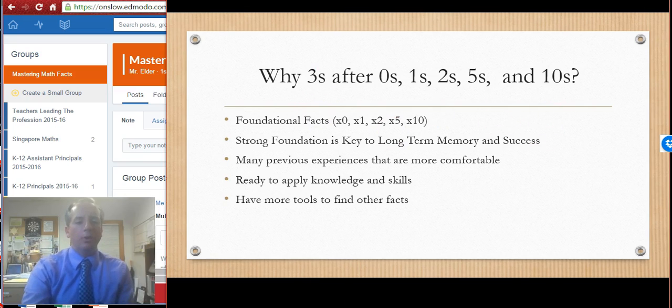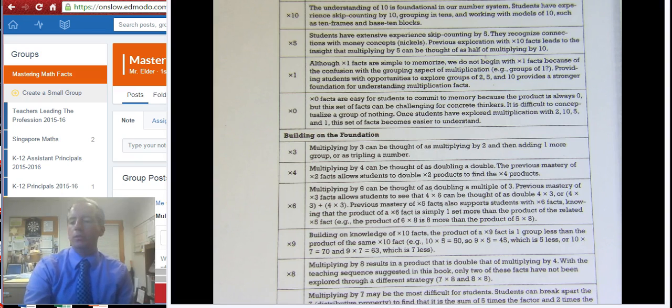So let's jump over, just to remember our sequence, to our document camera here. We've done our 2's, our 10's, our 5's, our 1's, our 0's, and now we begin our 3's. And you'll see today that we're going to treat 3's primarily as the idea of, if I can figure out the double and then add one more set of that number, then I can figure out my 3's facts.